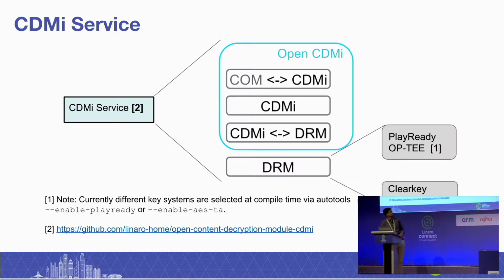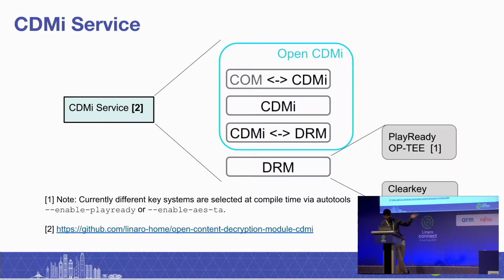Yeah. So OpenCDMi runs as a service which provides common RPC interfaces for OpenCDM to invoke, and it's kind of a 3-layer. So the first layer is that RPC to CDMI service mapping, and we have a core CDMI implementation, that is the service implementation, that will decide which DRM to be invoked, and that is compile time configurable.